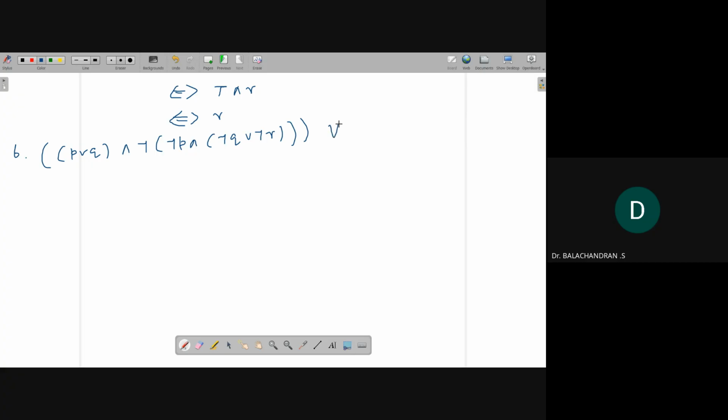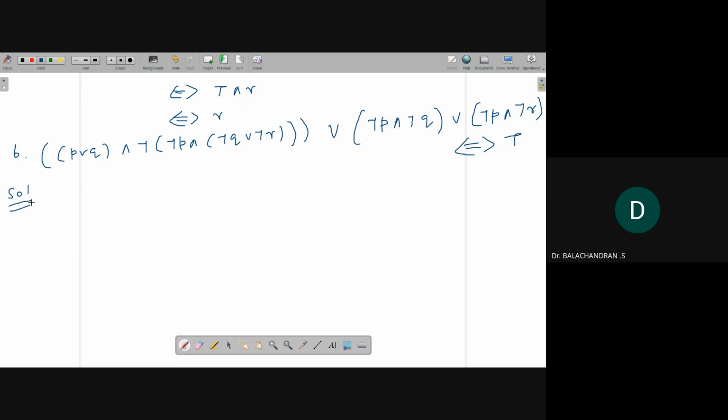Okay, or (negation P) or (negation Q) or last term (negation P and negation R), which is equivalent to tautology T.